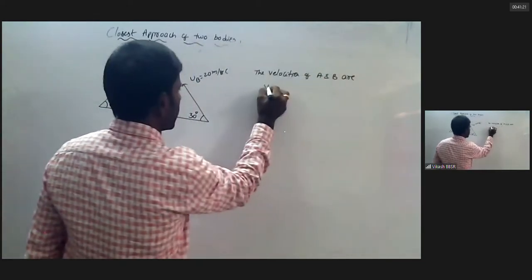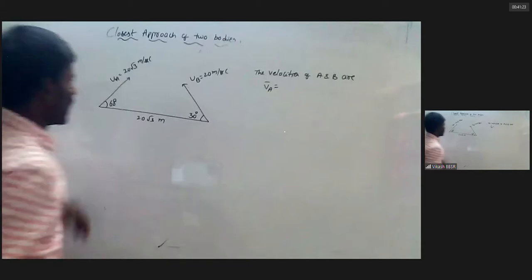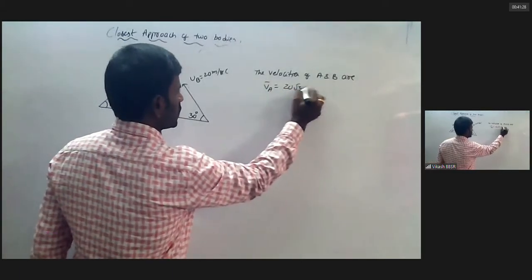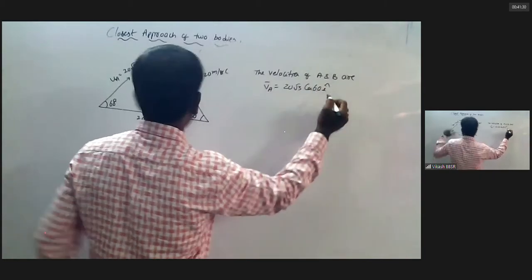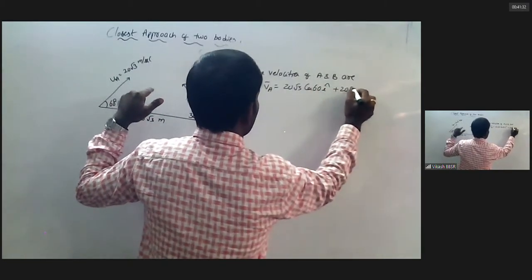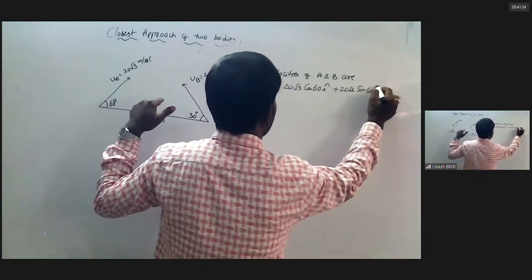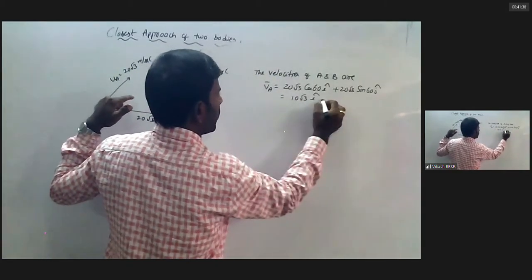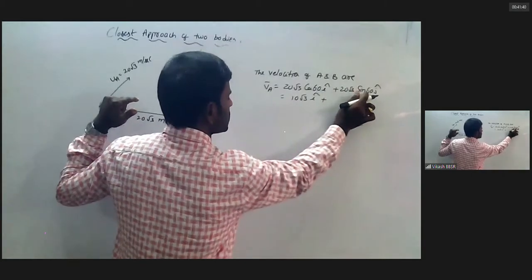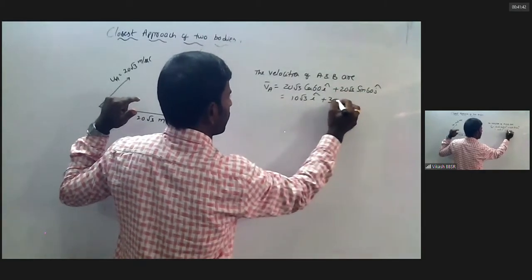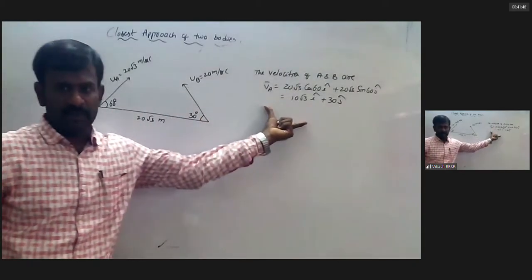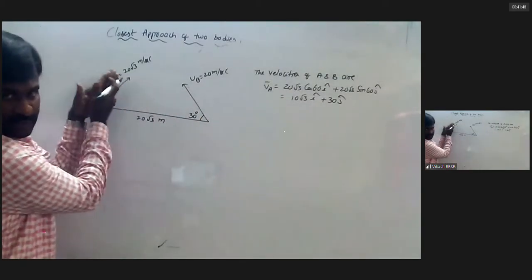Tell me, VA bar equal to, using components, 20 root 3 cos 60 i cap plus 20 root 3 sin 60 j cap. That is 10 root 3 i cap plus 30 j cap. Am I correct? Vector representation, two components.